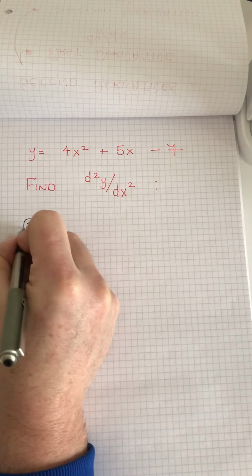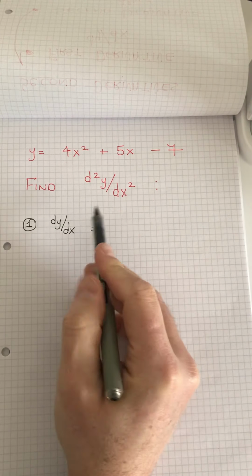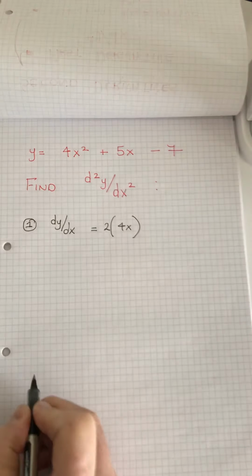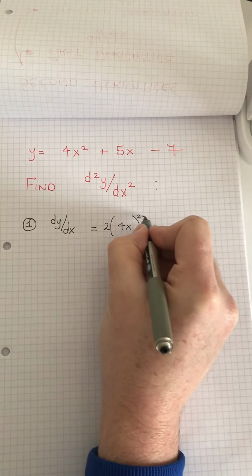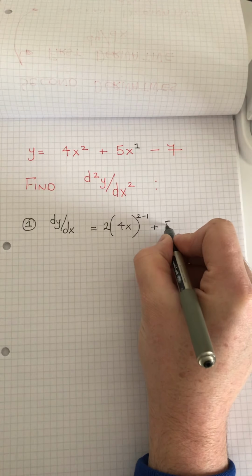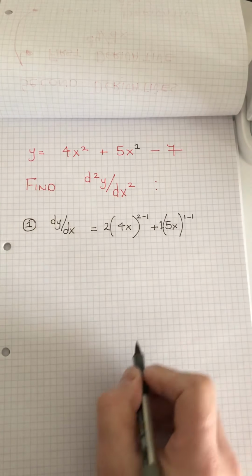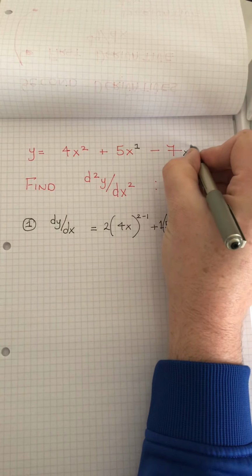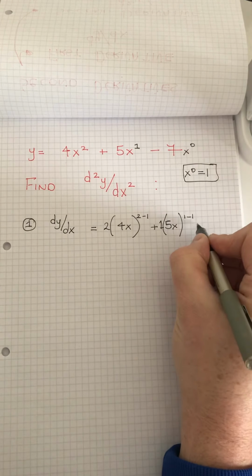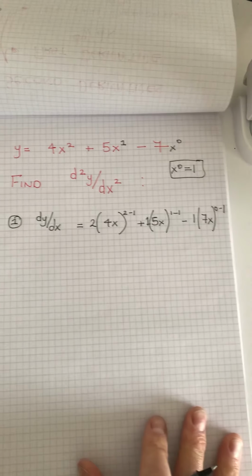So step 1, dy dx is equal to, so we're going to differentiate, so multiply by the power, 2 times 4x, reduce the power by 1 again, 2 minus 1, 5x to the power of 1 becomes 1 times 5x to the power of 1 take 1, 7x to the power of 0, because x to the power of 0 is 1, gives me 1 times 7x to the power of 0 minus 1.